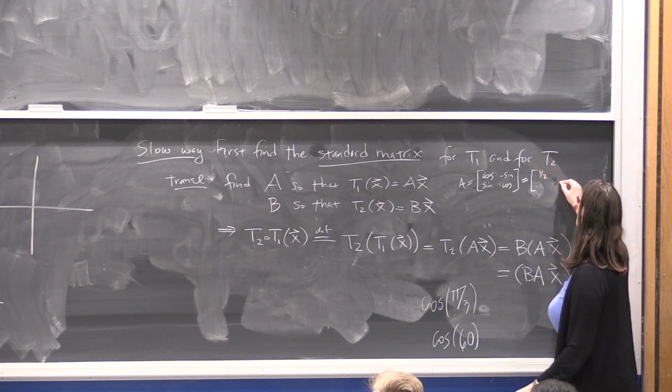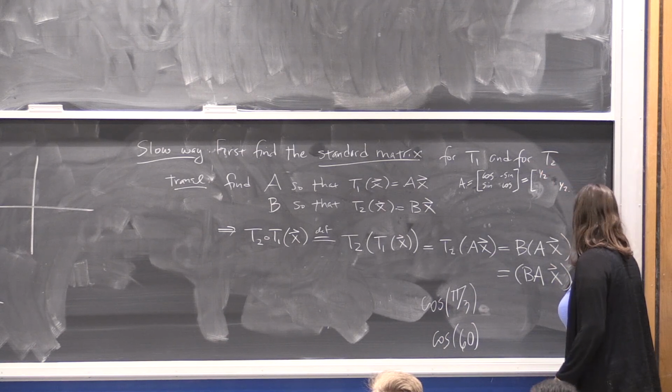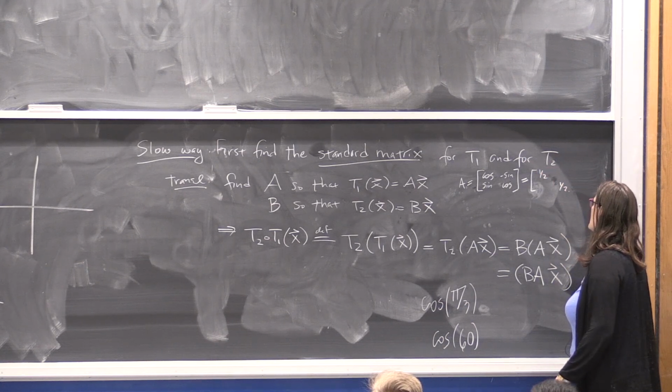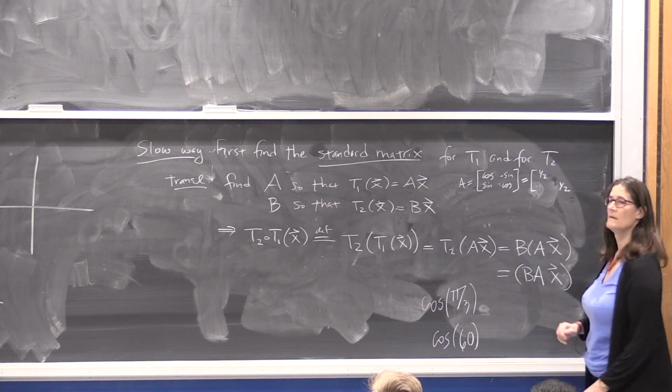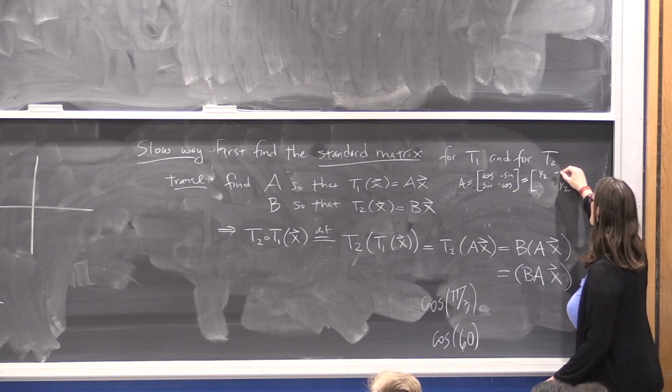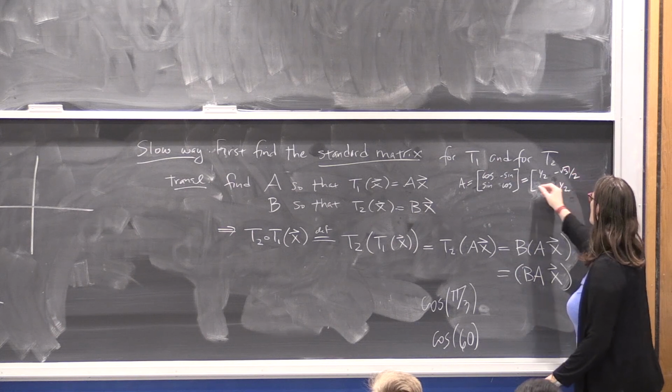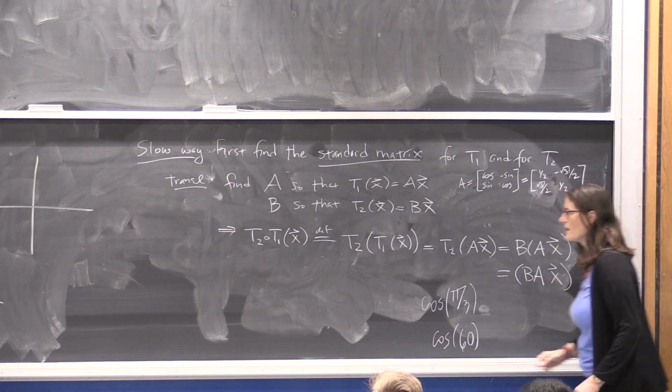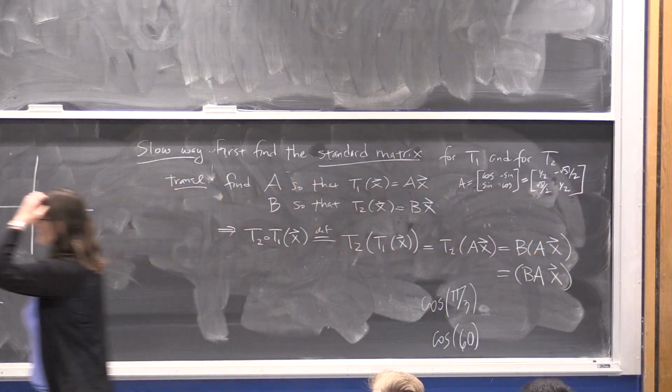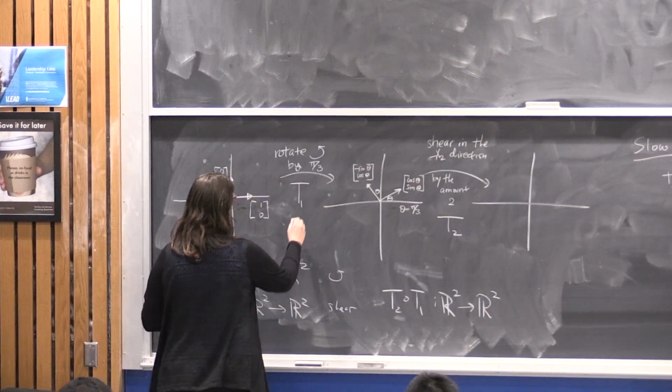And then what is sine? Root 3 over 2. All right. So that gave me the matrix A.